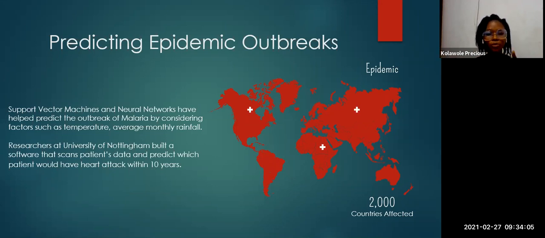So I'll just be talking about support vector machine briefly and neural networks, just because they are being used in predicting malaria outbreaks by considering just small factors like temperature and average monthly rainfall. Also, we have another path-breaking advancement, which is the researchers at the University of Nottingham.